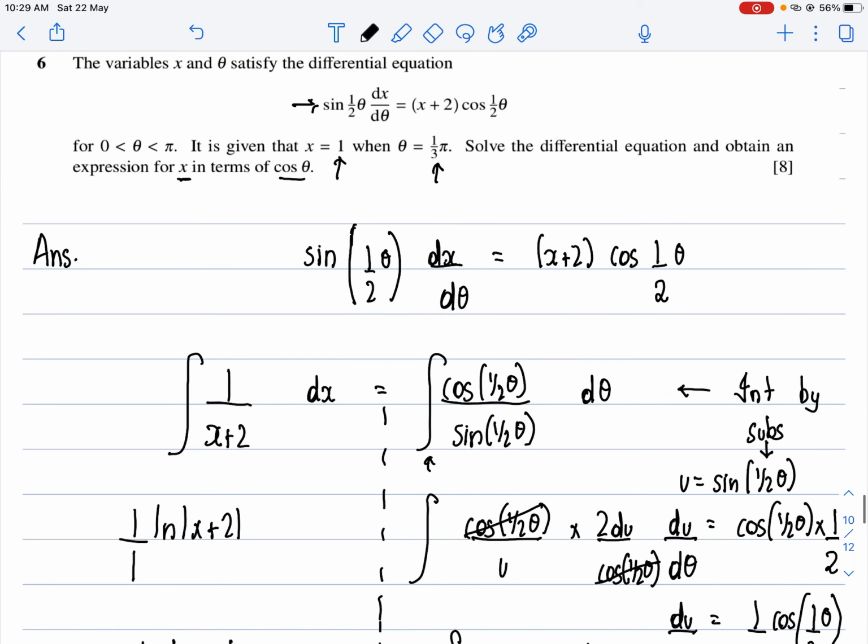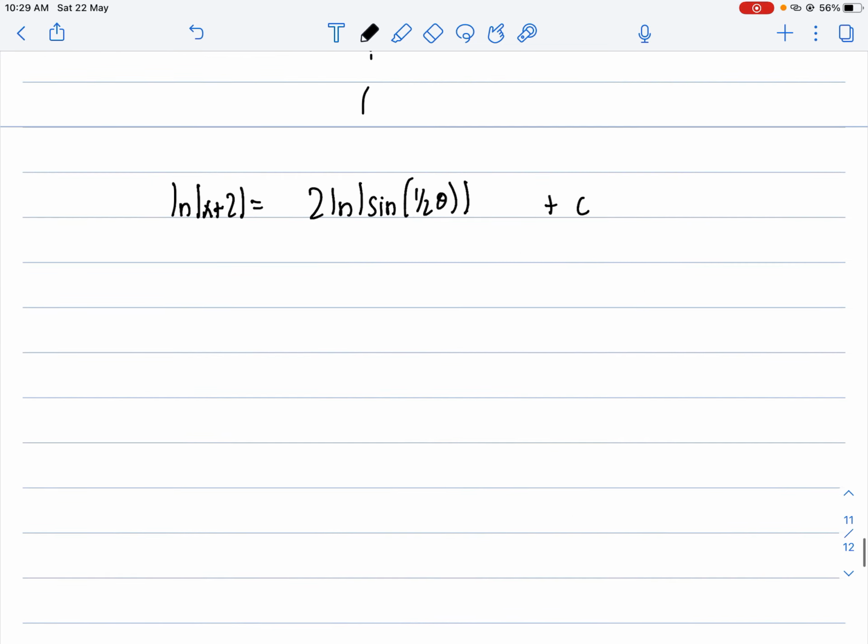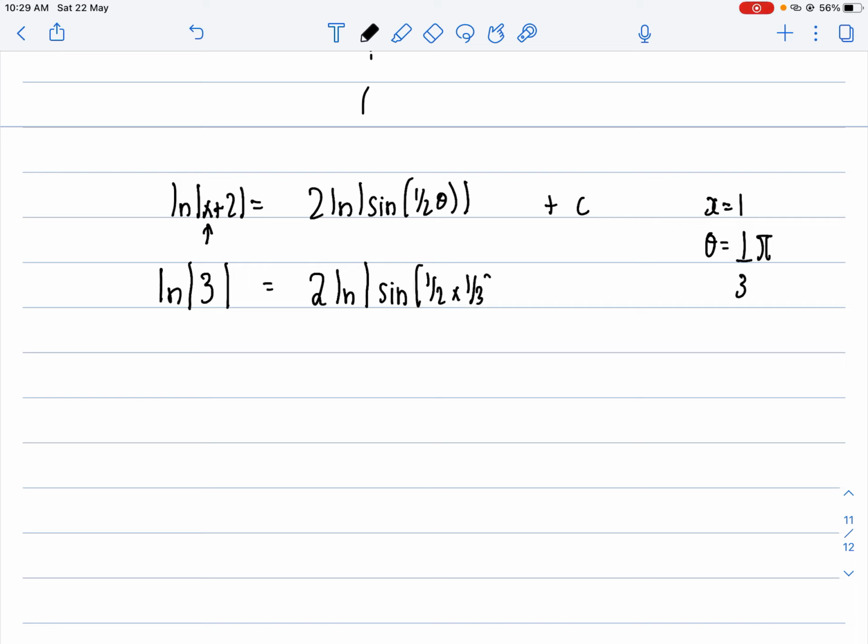Now I need the c. For that, I know my x is equal to 1 and my theta equals 1 over 3 pi. So when I put 1 in the place of x, I get ln 3 equals 2 ln sine of half into 1 over 3 pi.